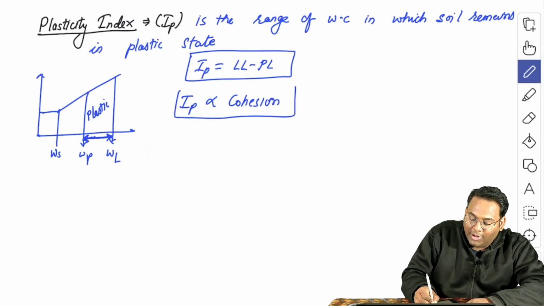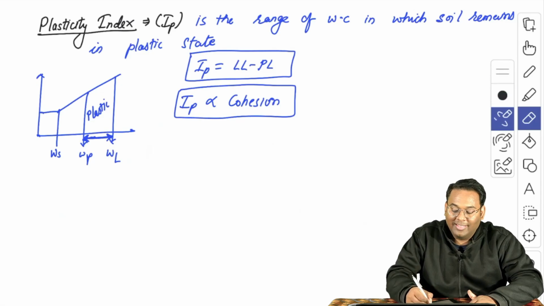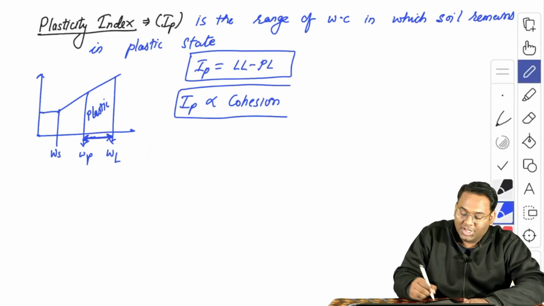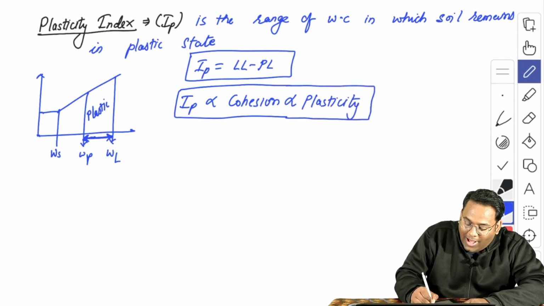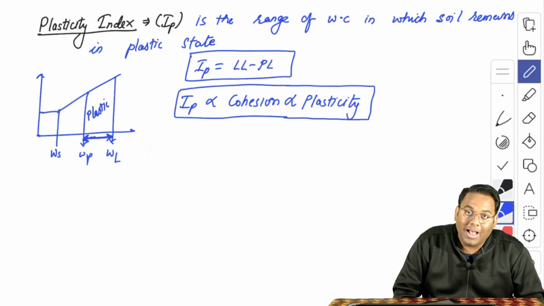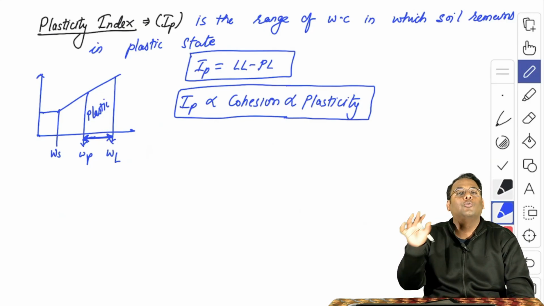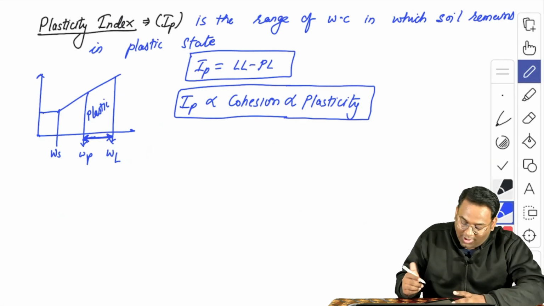So if a particular soil has more IP, I can simply say that it will have more cohesion, and if IP is more, I can say that a particular soil is more plastic also. So if I am asked to compare two different soils, which soil is more plastic, just check whose value of IP is more. So that is all for the value of IP.